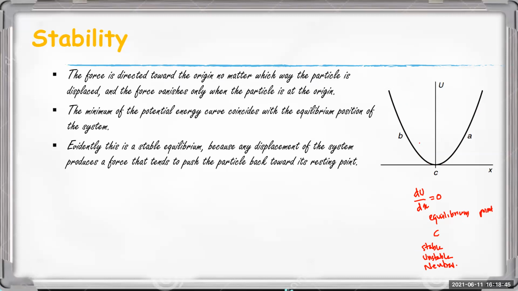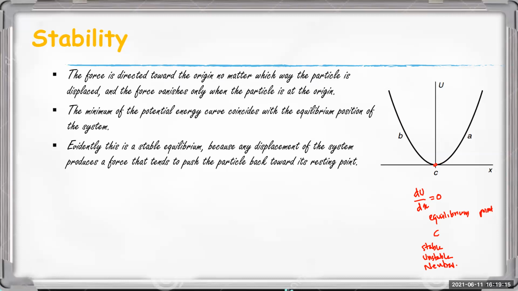Here, this potential energy curve corresponds to a harmonic oscillator. An example of a harmonic oscillator is a swing. If the swing is at the non-oscillating position, it must be the origin.